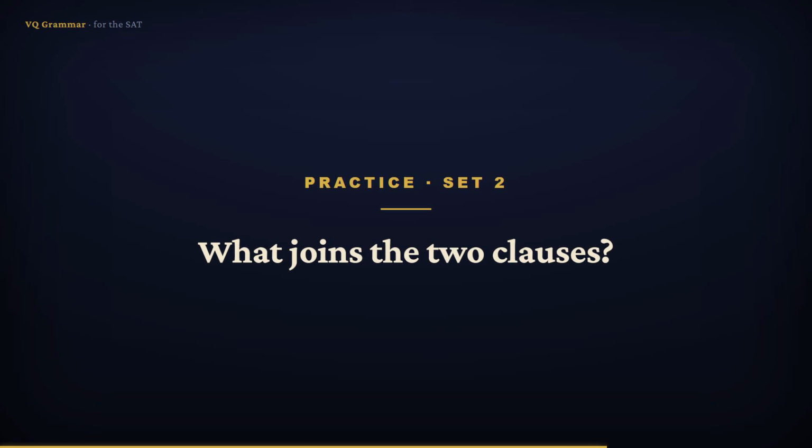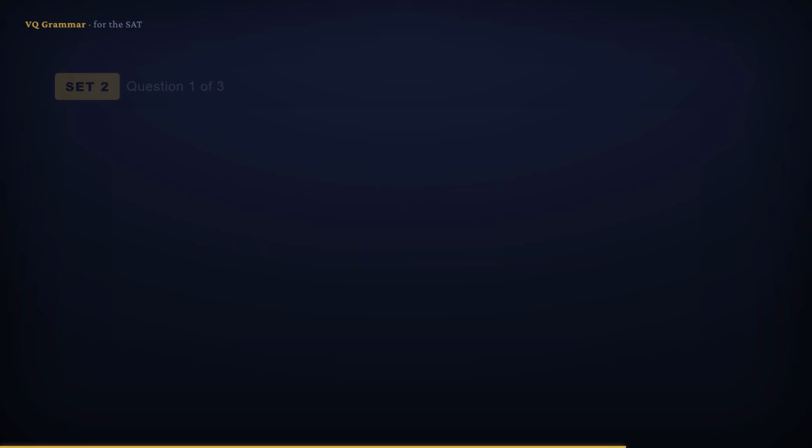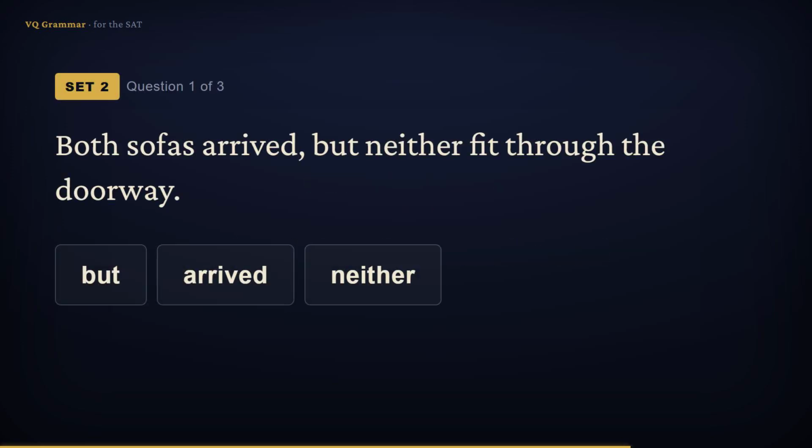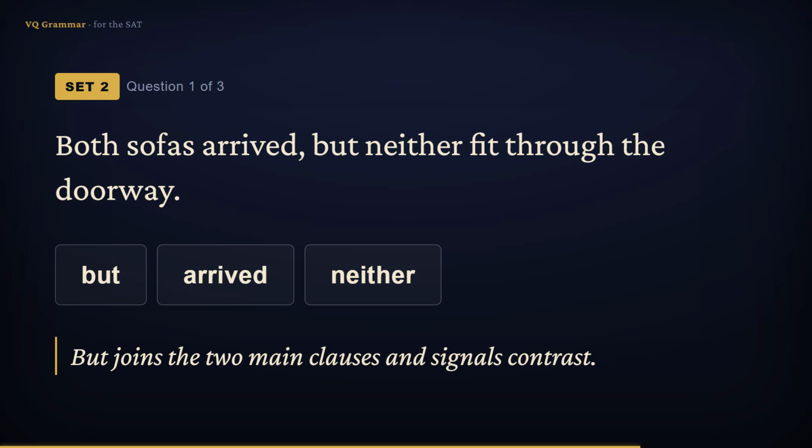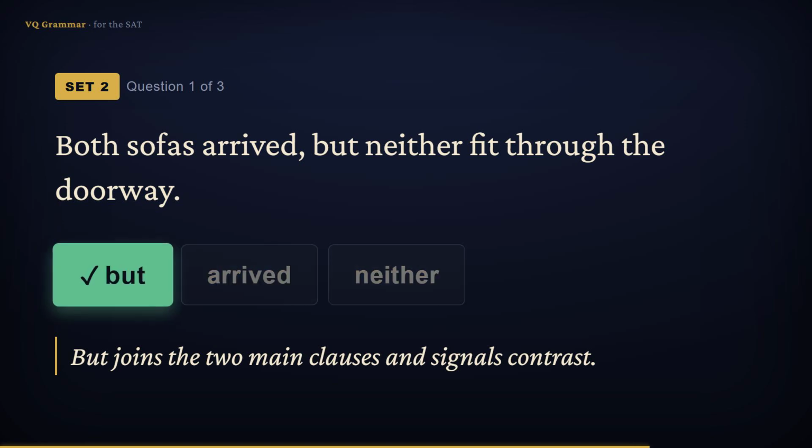Now find what joins the two main clauses, the coordinating conjunction or a semicolon. Pause and try each. Both sofas arrived, but neither fit through the doorway. The two clauses are joined by the coordinating conjunction but, so the answer is but.